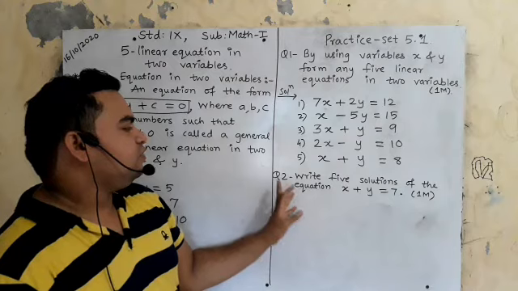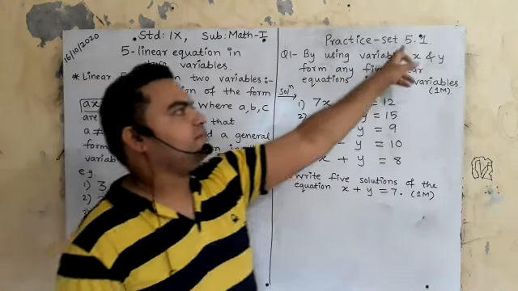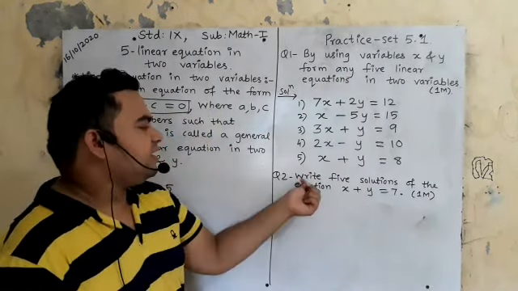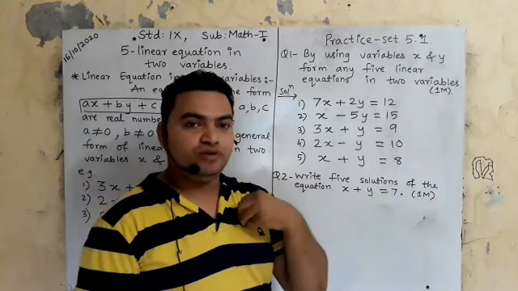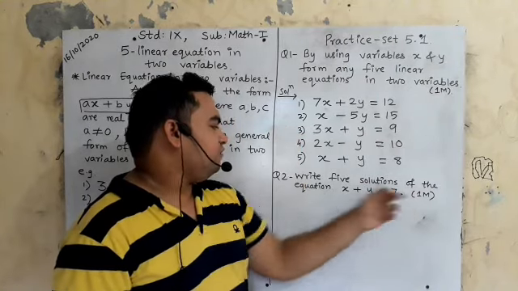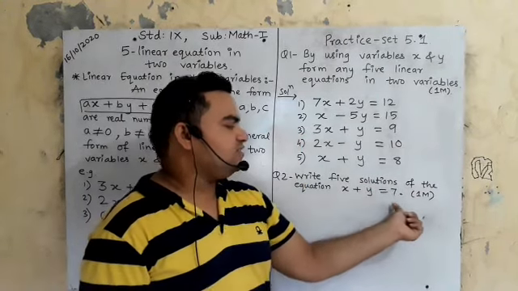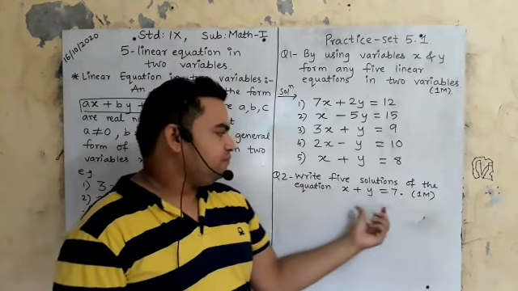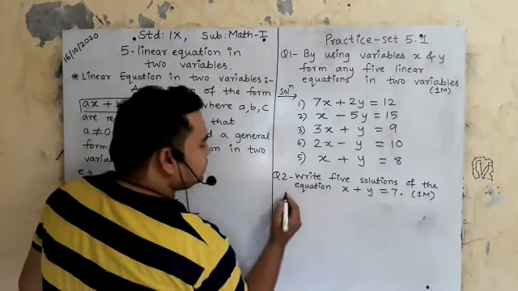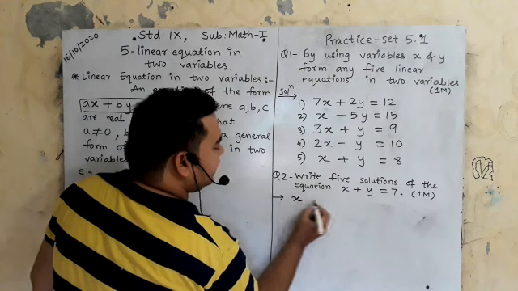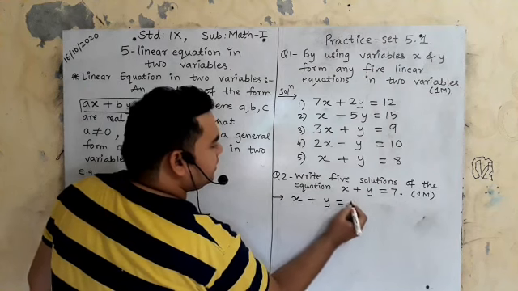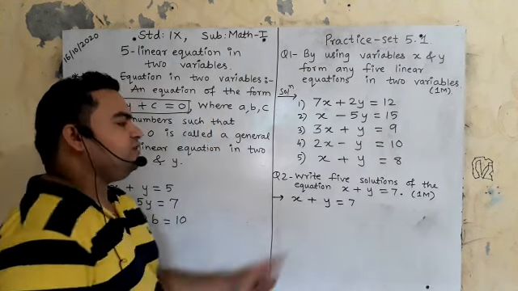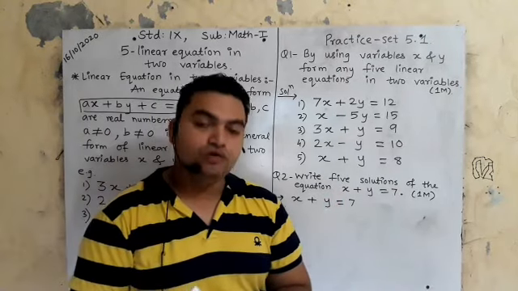Now see here, question number 2 of practice set 5.1 is write 5 solutions. We have to write 5 solutions of the equation x plus y is equal to 7. Means first we will write this equation. See, x plus y is equal to 7, and we have to write any 5 solutions.